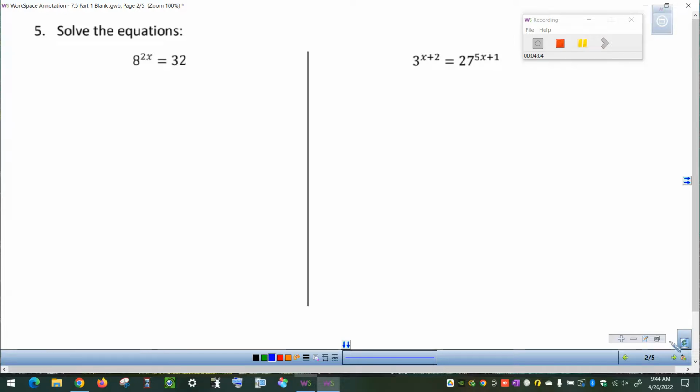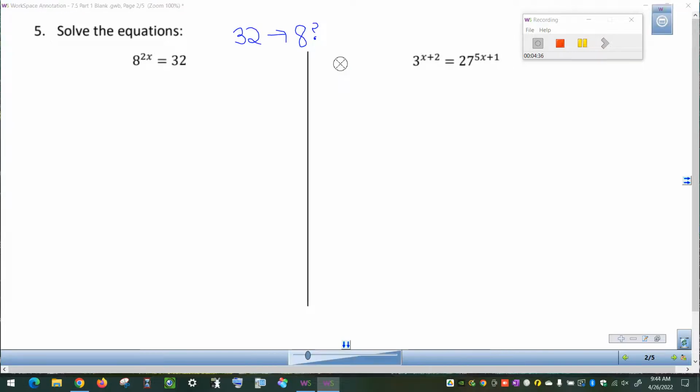If we look at the left-hand side here, notice how we have a base of 8. Well, on the other side, we can't write 32 as something with a base of 8, right? 8 to the 1st power is 8. 8 to the 2nd power is 64. 32 is right in the middle there.